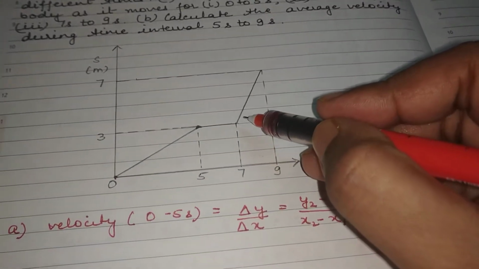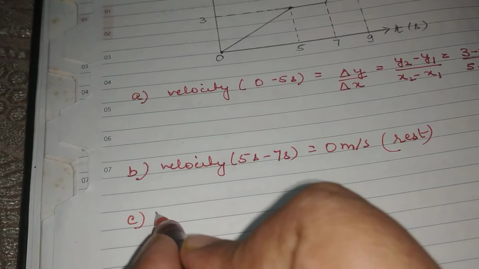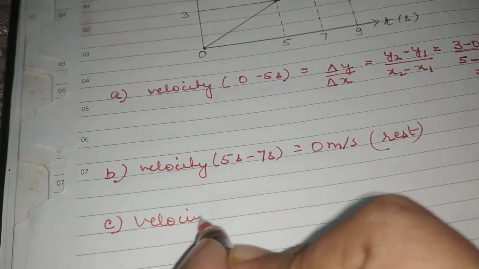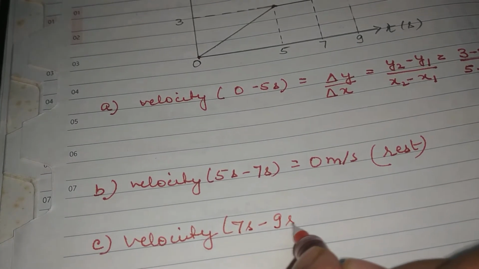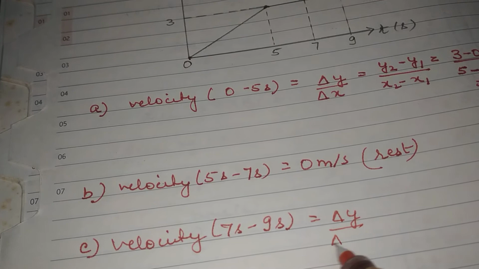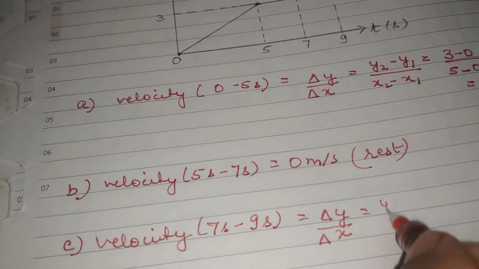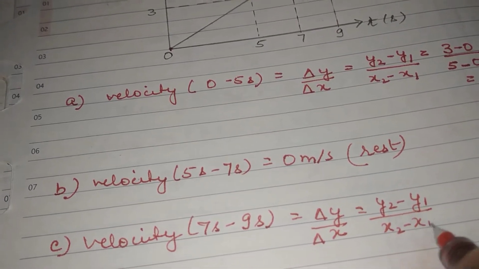Now third part, velocity from 7 seconds to 9 seconds. Again we'll find the slope, delta y upon delta x, which is y2 minus y1 upon x2 minus x1.